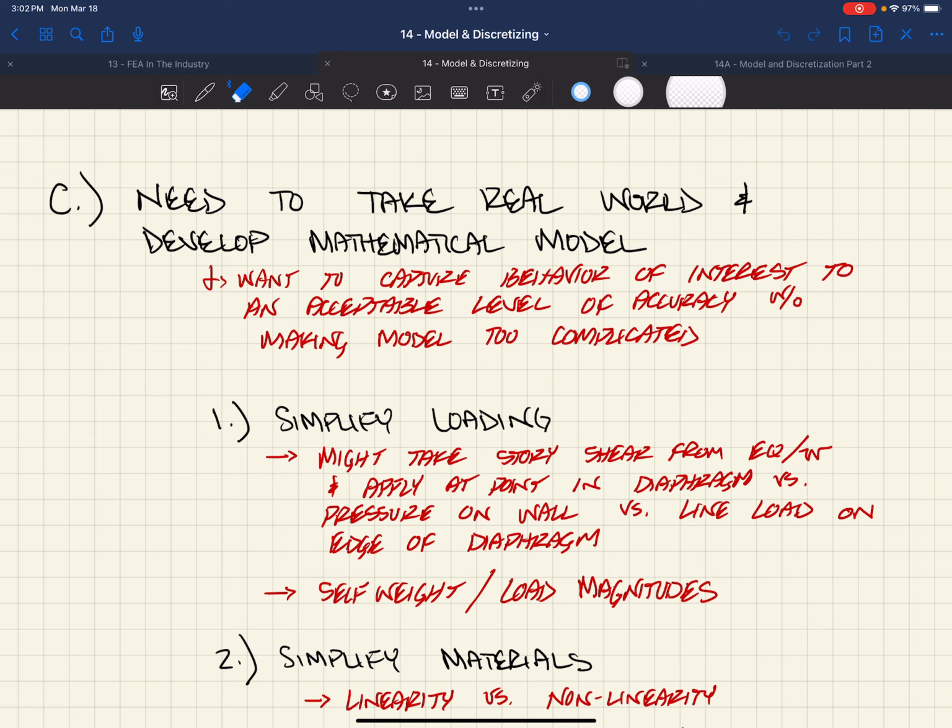And those decisions can be defended based on a lot of things, and a lot of what the code is there for, as much as we gripe about it and how big it is and all the materials we have to deal with, is that it is a very defendable resource for us as designers. When asked, well, why are you doing it this way? Well, I'm doing it this way because ASCE 7 tells me that we need to consider this, right? Those are defendable aspects of making decisions.